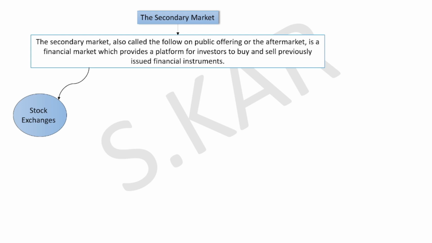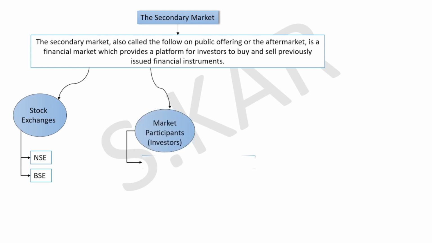So the first part is the stock exchanges. Stock exchanges include NSE and BSE, the National Stock Exchange and Bombay Stock Exchange. Next, we have the market participants, that is the investors.